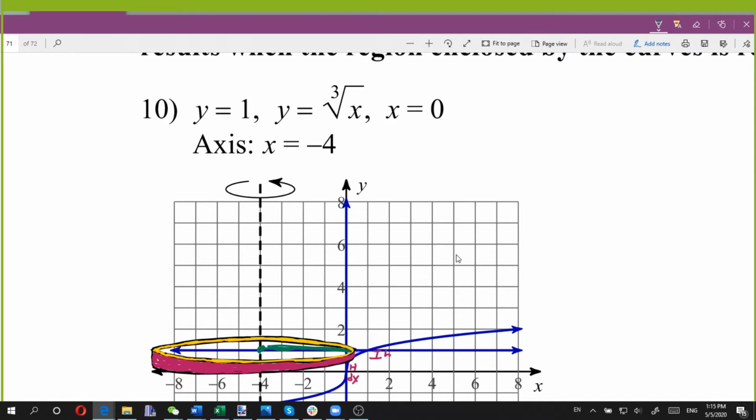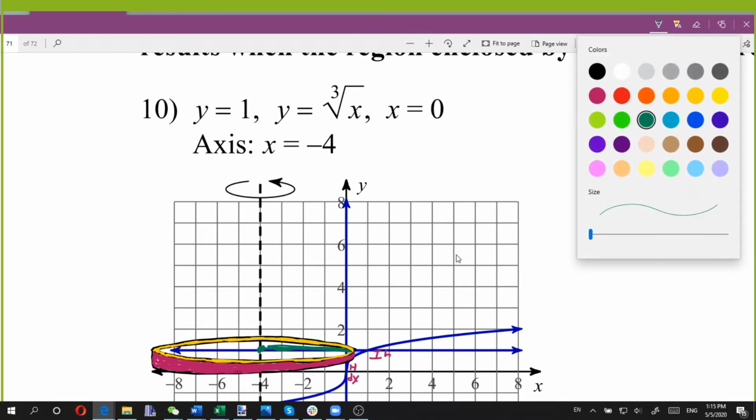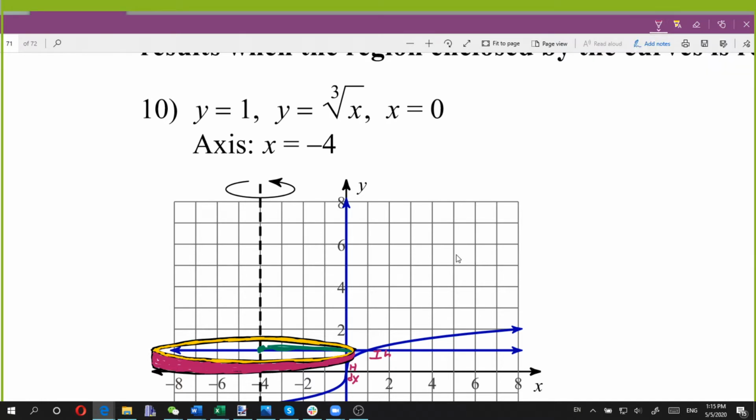Okay, 1 minus the cubed root of x is perfect. Your height is always your difference in the two y values. I'm going to label this as y2 and y1 since this is my larger y. So our height is y2 minus y1 or 1 minus the cubed root of x. Perfect.